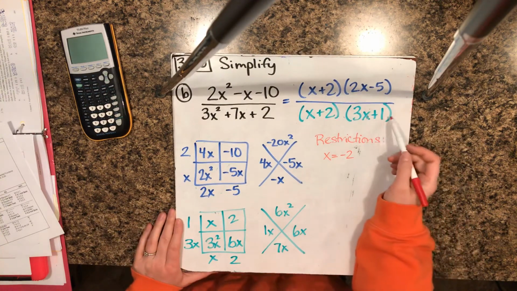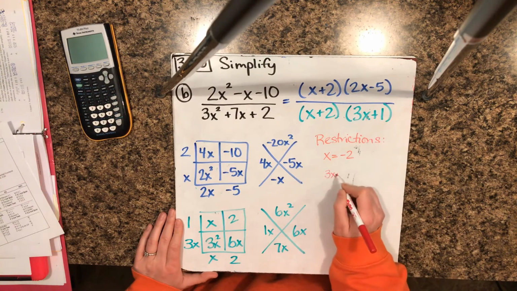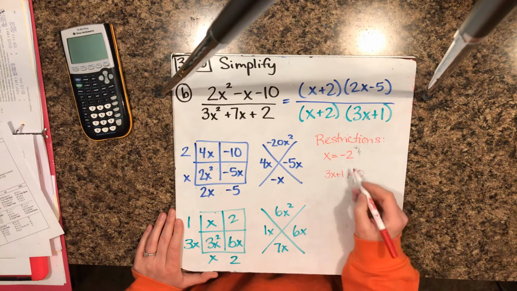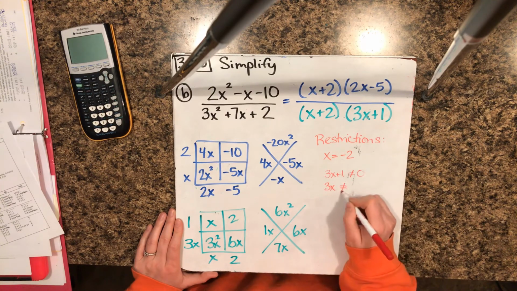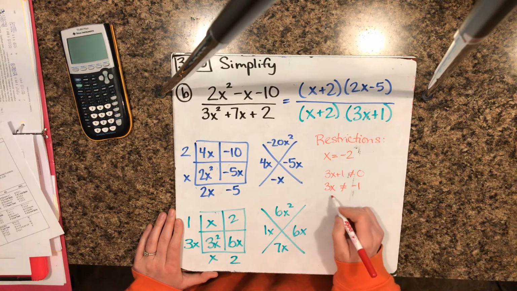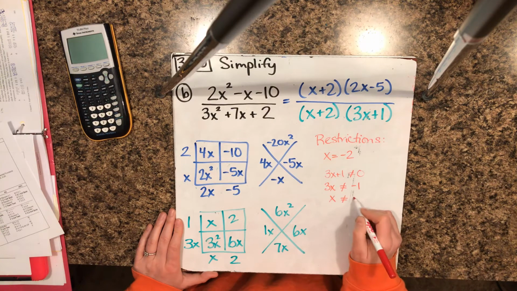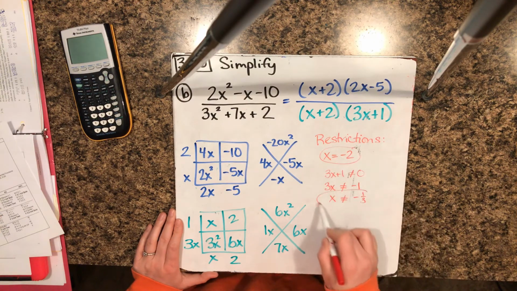Okay? The other one, how do I find what the problem is here? I would set the denominator equal to 0, or really not equal to 0, and then solve. So 3x cannot equal negative 1. I'm just subtracting 1. And then dividing both sides by 3, x cannot equal negative 1/3. Okay? So two restrictions here.